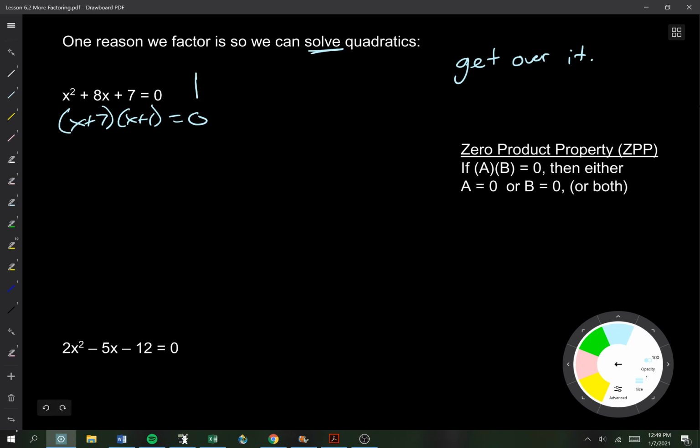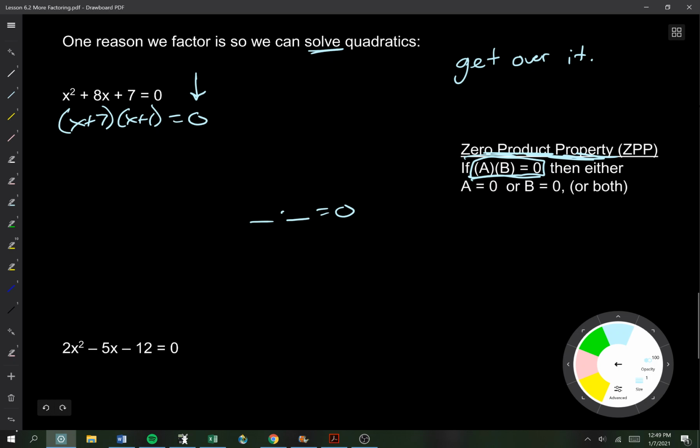The key is that it's equal to 0. If something is equal to 0, we can typically apply what's called the zero product property, which basically states if two things are multiplying to 0, one of them must be 0. And possibly they both are, but at least one of them has to be 0. If we have 3 times something equals 0, we know that something is 0.